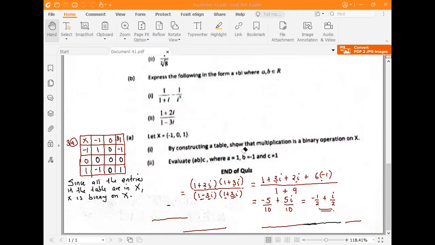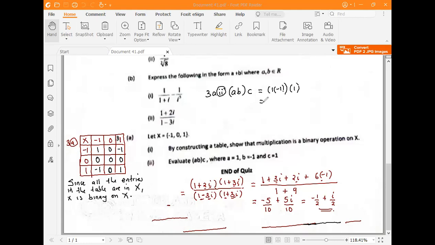Then let's go and do 3A2. Some questions are very easy. Evaluate A multiplied by B, then multiplied by C, where A is +1, B is -1, and C is +1.